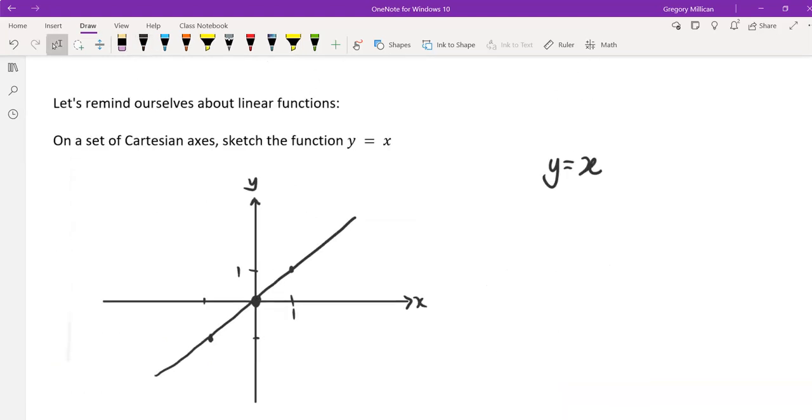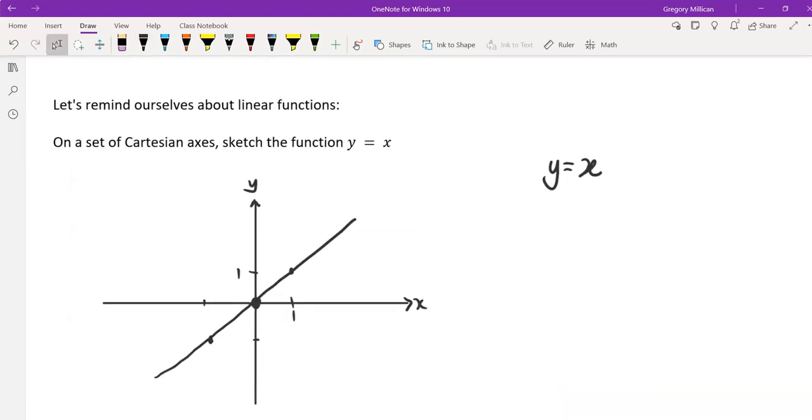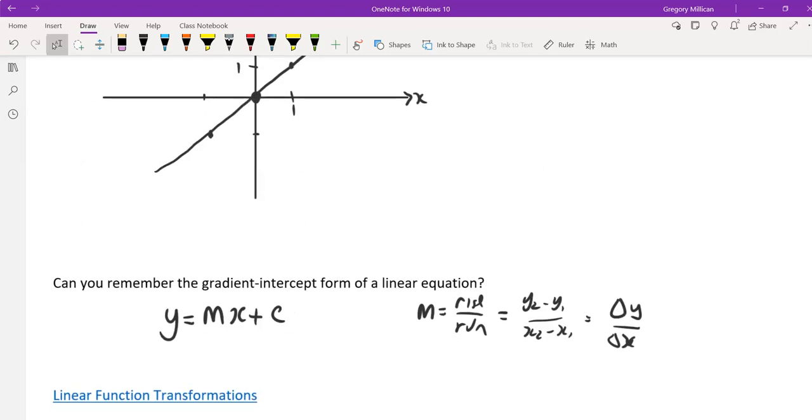Now, if I go back to this equation, what's my gradient? 1. Where does the gradient appear in the equation? Before the x. What do we call the number before the x? Coefficient, thank you.